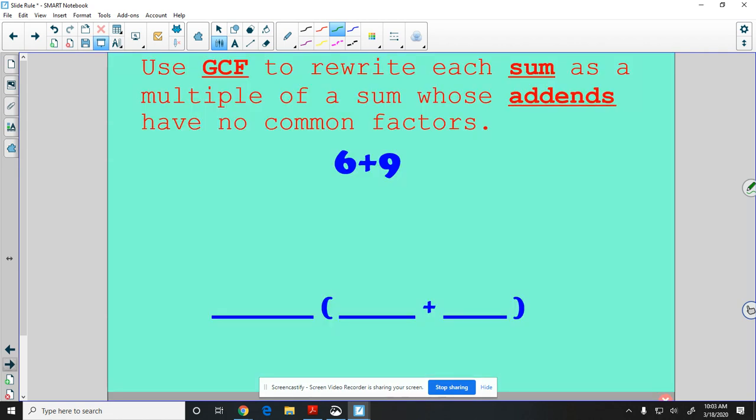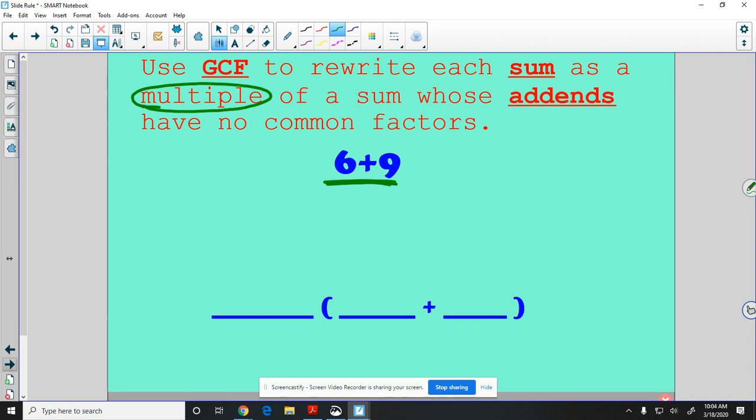Alright, the next part of this is this fancy worded thing right here. It says use GCF to rewrite each sum as a multiple of a sum whose add-ins have no common factors. So the GCF to rewrite each sum, which means these are the sums right here. We're rewriting these sums as a multiple of a sum whose add-ins have no common factors.